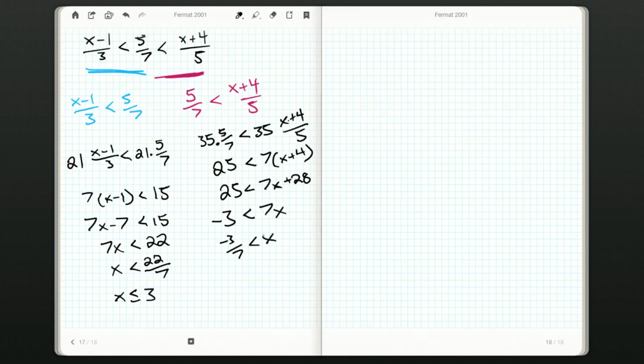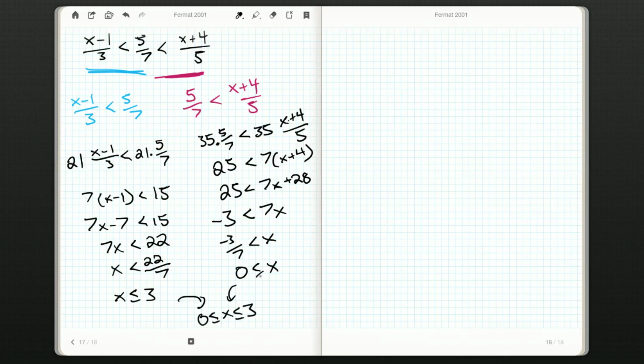So I'm looking for all x values here. Well, this is just below 0. It's a negative number, but it's not quite up to -1. So it's just below 0, so if I want integers, I'm looking for x greater than or equal to 0. So I combine both statements. I'm looking for 0 less than or equal to x less than or equal to 3.